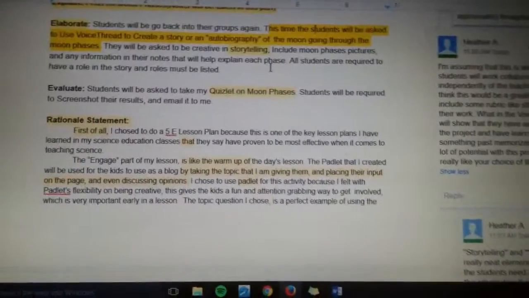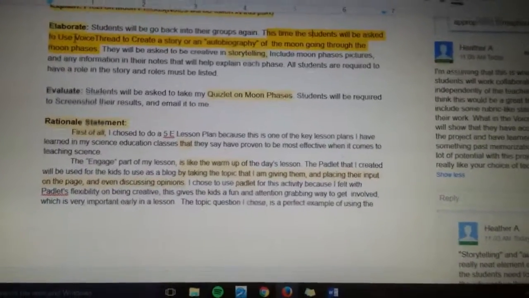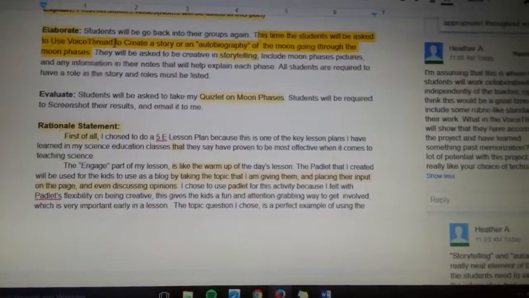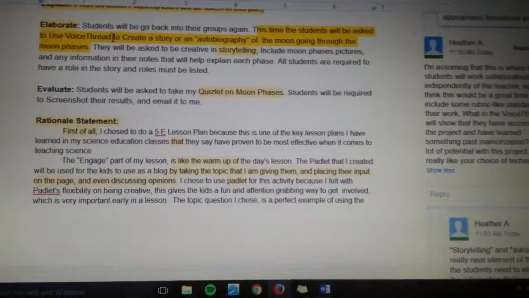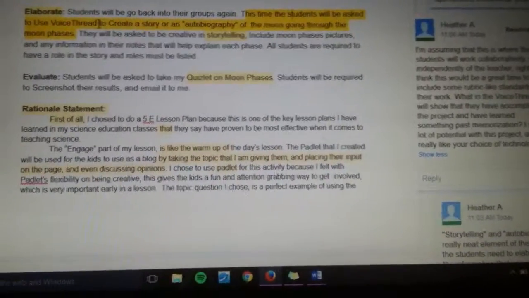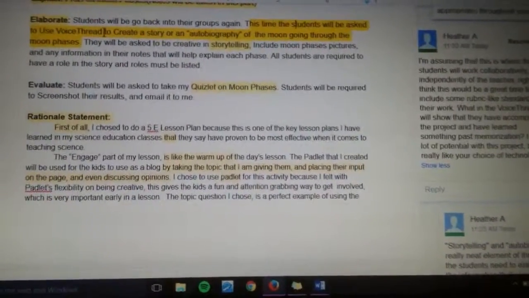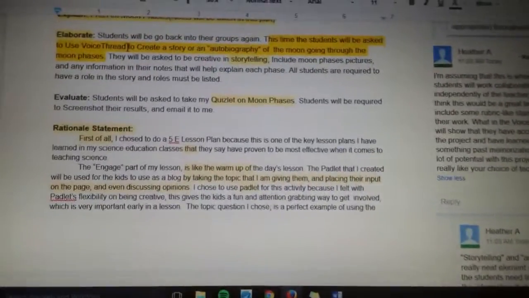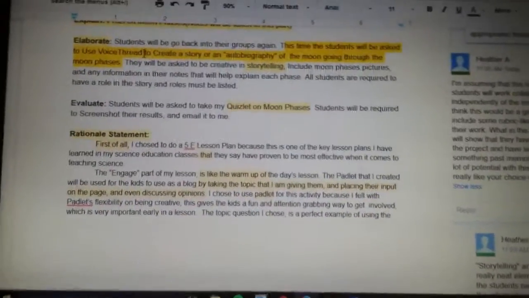So, considering that you are having the students create a voice thread, you could actually have them write a script for their video. You could have them write a paragraph apiece. You could have them write a short story, maybe based on a personal experience. I'm sure there are some standards you could find that would help you to integrate language arts into this lesson, specifically in the elaboration part.